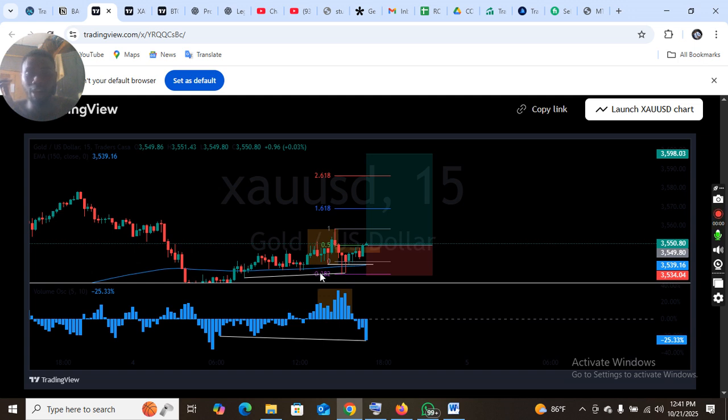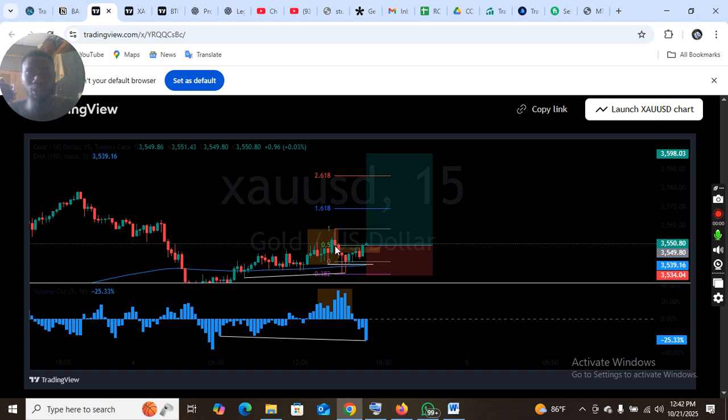Then I entered, placed my stop loss below this swing low right here, which is also the protected standard deviation, the place where I usually place the stop loss, based on the rule. Then targets this high as first take profit, second take profit, and a take profit of about 1:2.